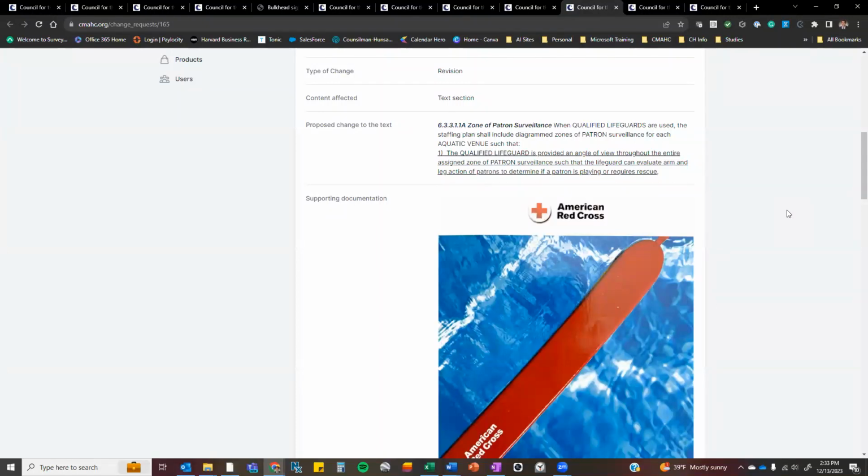And swimmers and guests who are in distress sometimes look pretty similar, especially at a wave pool or other types. And then the angle definition and how you maintain a consistent angle throughout the entirety of the zone. I understand what she's saying by the angle, right? She's not necessarily wanting to define a particular set angle. I think she just wants to make sure that the guards can actually see, but I think that's already explained in there by being able to see the entirety of the zone of protection.